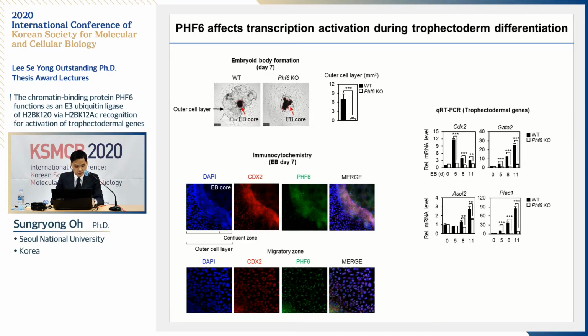When checking the lineage of the outer cells by immunostaining with CDX2, which is a trophectodermal marker gene, I could confirm that this layer is a cell population that differentiates into the trophectodermal lineage. Also, I was able to check that expression of trophectodermal genes was not sufficiently expressed in PHF6 knockout embryoid bodies. Taking these results together, I conclude that PHF6 has a transcription regulating function in differentiation of the trophectodermal lineage.